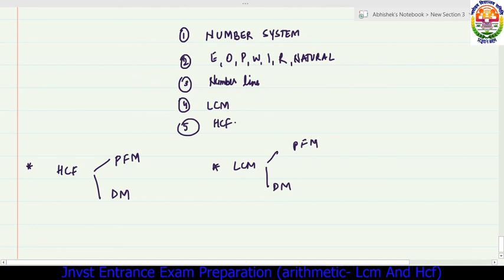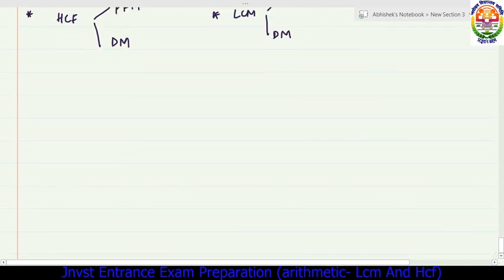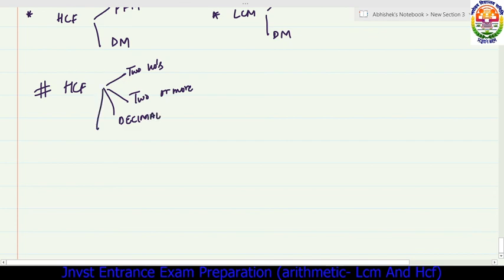We learned the HCF of two numbers, of two or more numbers, of decimals, and fourth, of fractions.